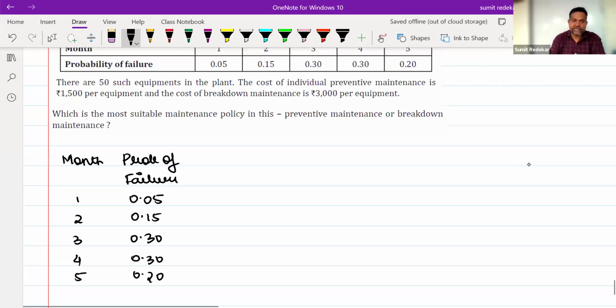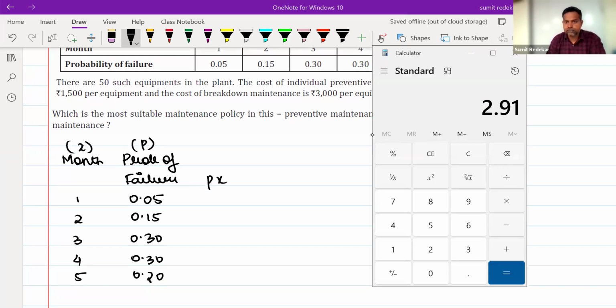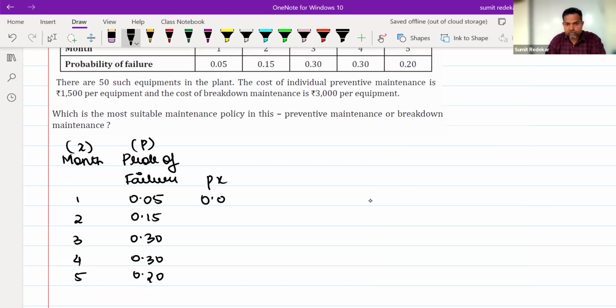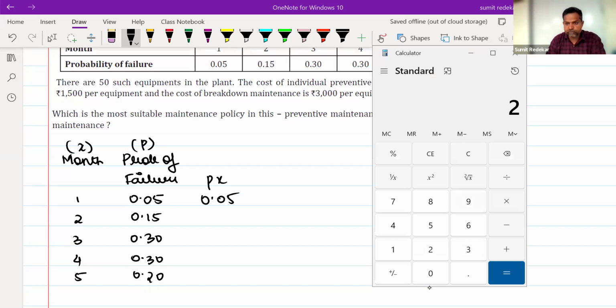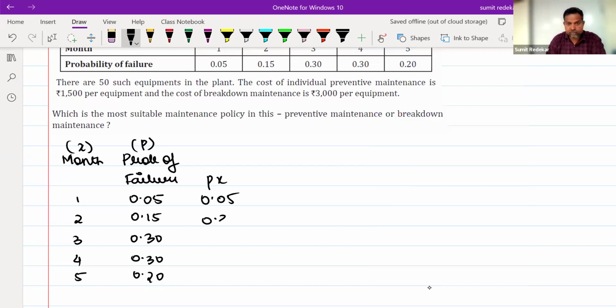Step one, we will find the expectation. We will call month as X and probability as P. We will find the X. So 1 into 0.05 is 0.05. Then you have 2 into 0.15 is 0.30.